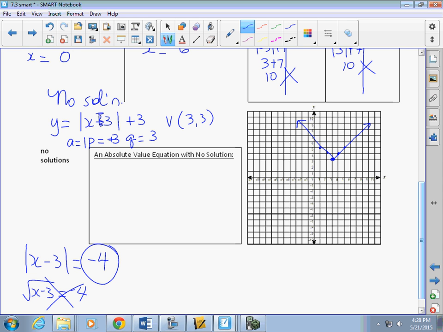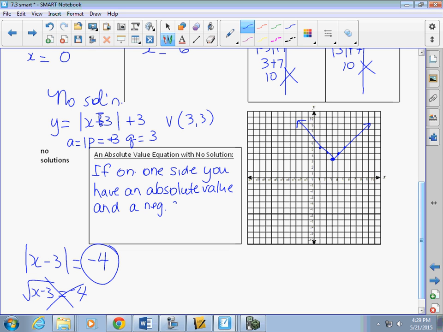So if you have on one side an absolute value, and on the other just a negative constant, then you will have no solution.